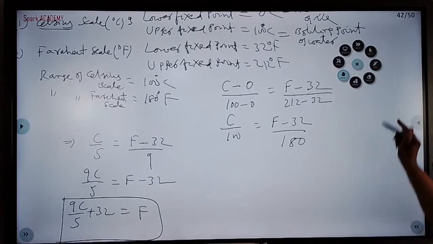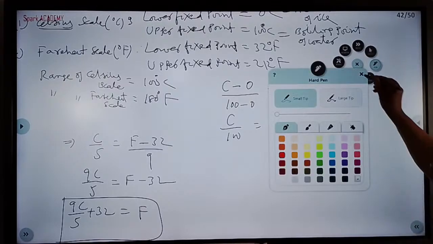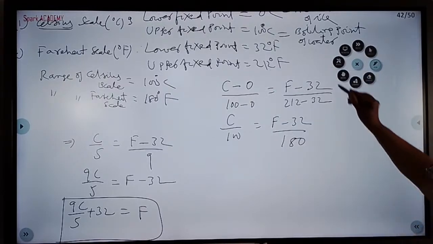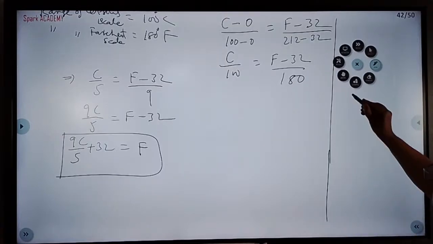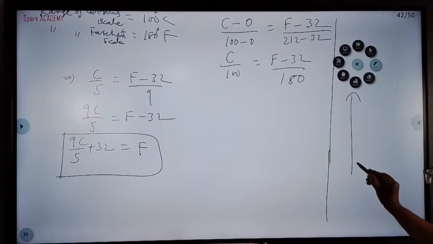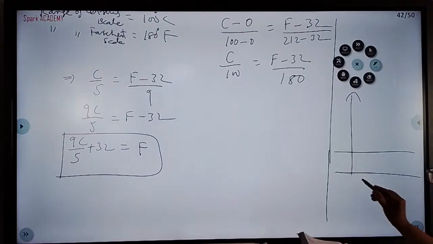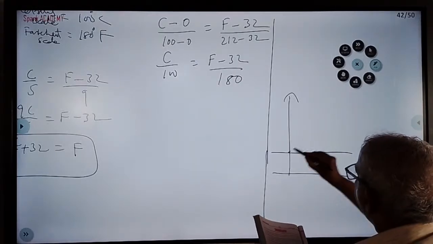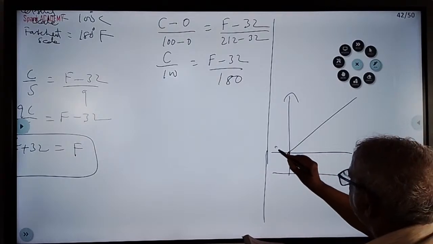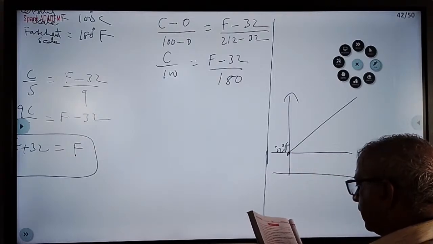So if you draw a graph, I'm drawing a graph here: Fahrenheit versus centigrade. This is centigrade. You get a straight line. This is 32 degrees Fahrenheit.